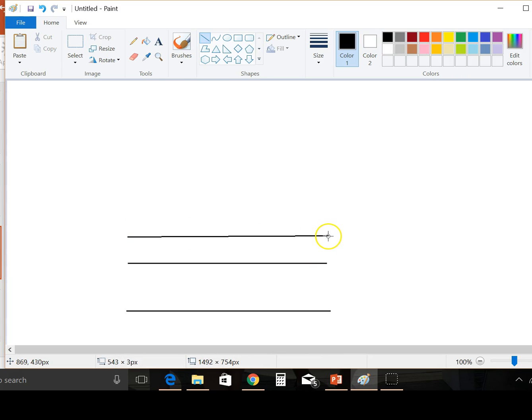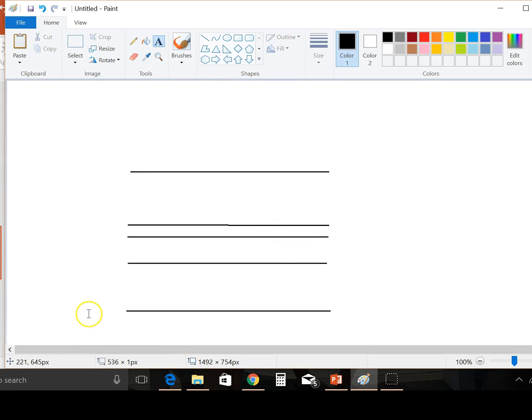Notice I drew the third line closer to the second line than I did the first line, and the fourth line is even closer still to the third line. All I'm doing here is showing convergence. You have to make sure that you show convergence. Now the final line is farther away than all the rest.